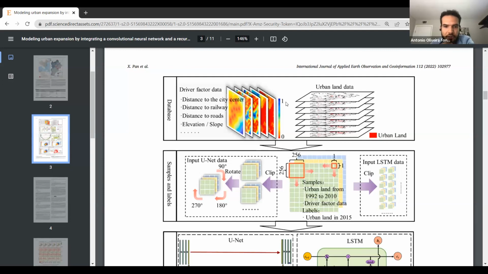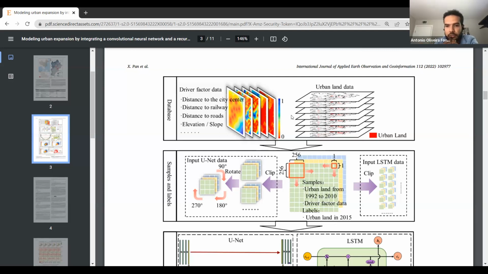So the driver factors are distance to the city center, distance to railway, distance to roads, all these variables. They are basically layers in your data, and they're already normalized between 0 and 1, right?